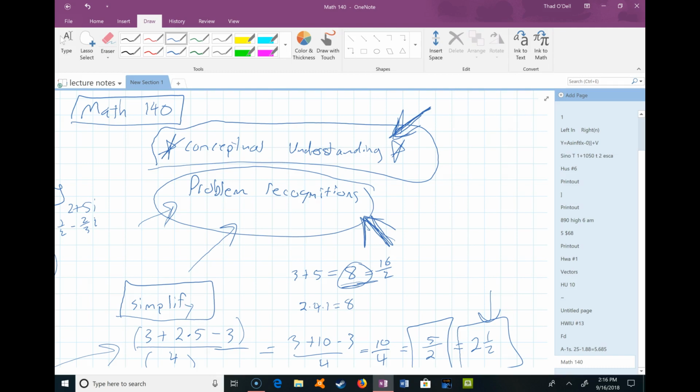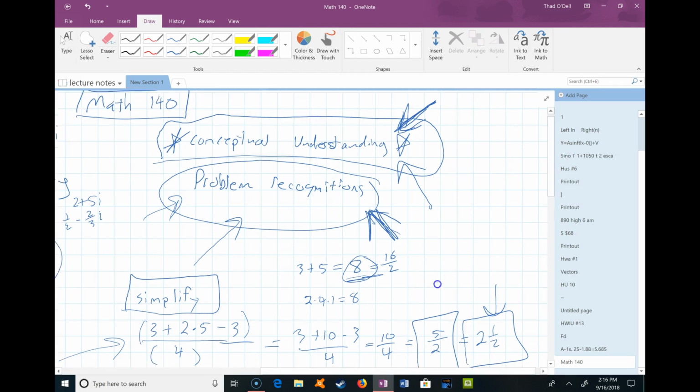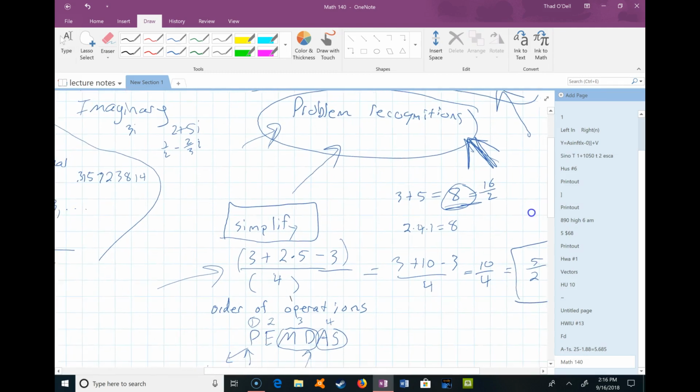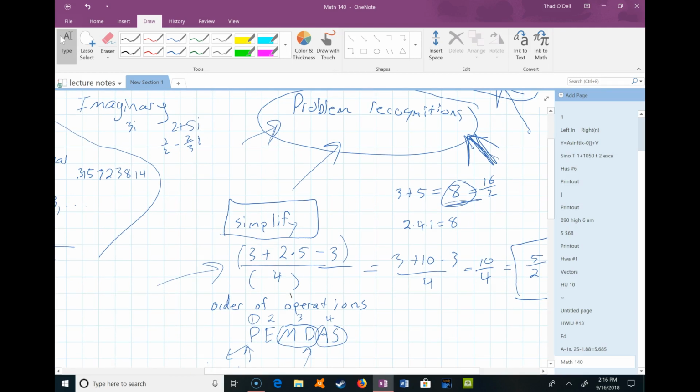So the people that are in that camp, I'm going to encourage you to move more towards really understanding concepts. And so if you hear something in this video that you don't understand, or if you're in class and you hear something you don't understand, I really encourage you to stop the video, go back and replay it, or send me an email, or ask me the next day in class.